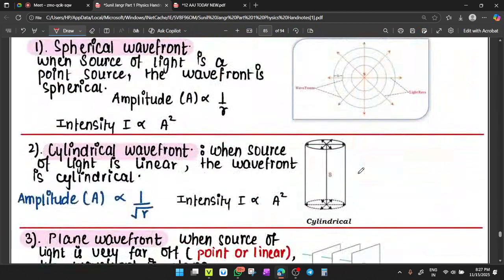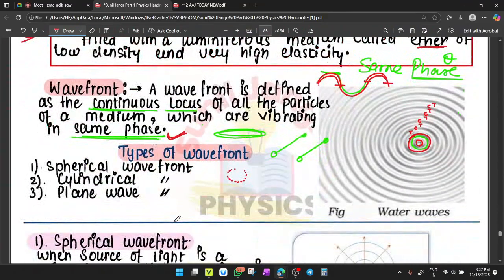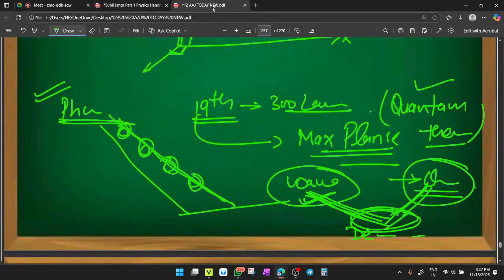Clear? So the types of wavefront are spherical wavefront, cylindrical wavefront and plane wavefront. Like there is a bulb in your home.